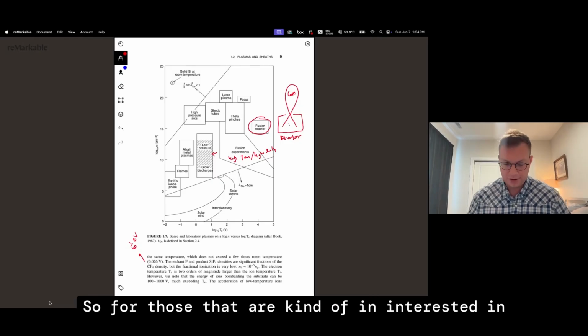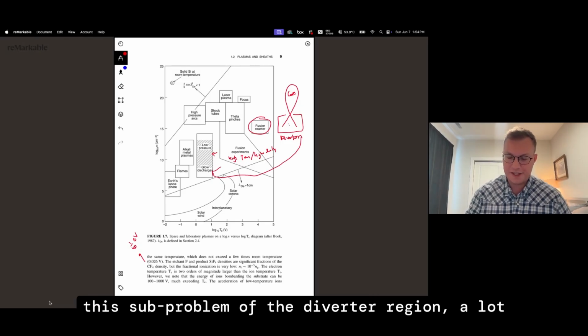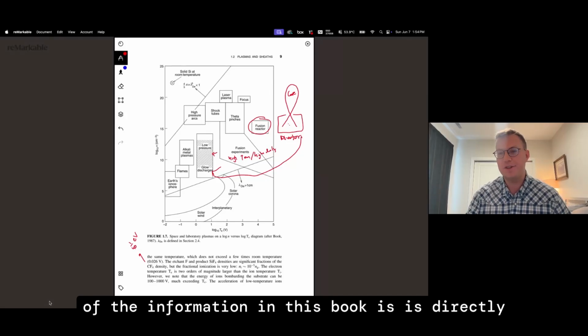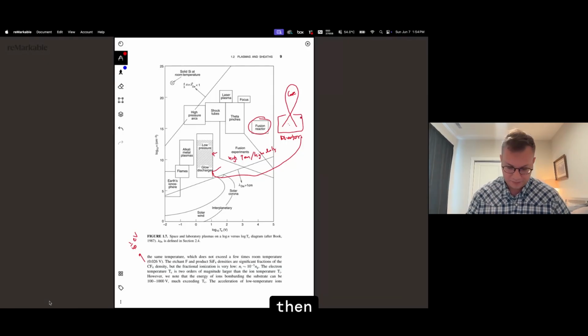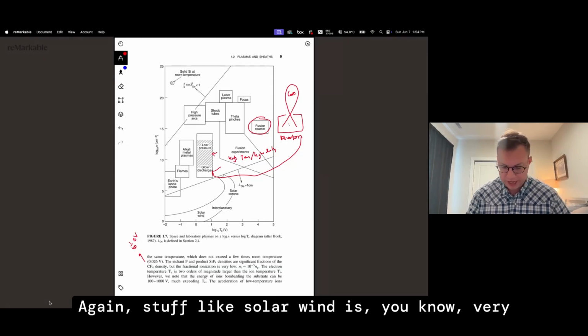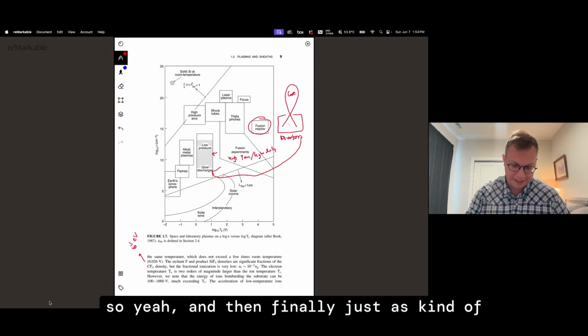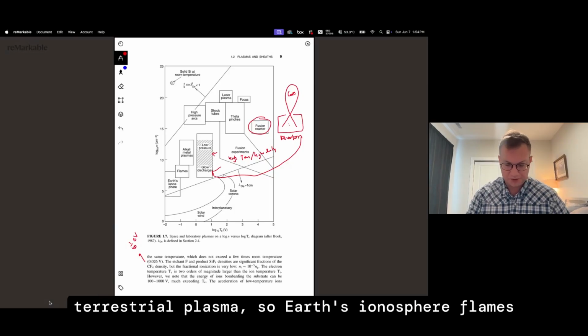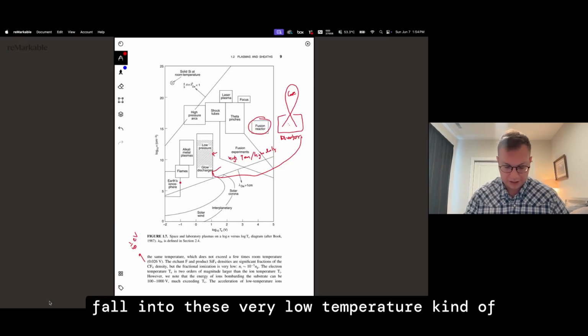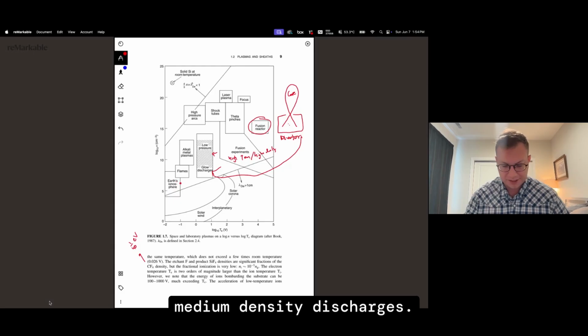So for those interested in this sub-problem of the divertor region, a lot of the information in this book is directly applicable. Then again, solar wind is very low density, but can be quite high in temperature. And finally, as terrestrial plasmas, Earth's ionosphere and flames fall into these very low temperature, medium density discharges.